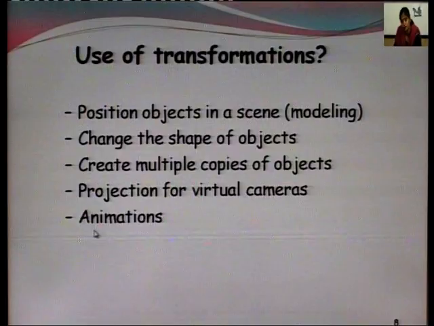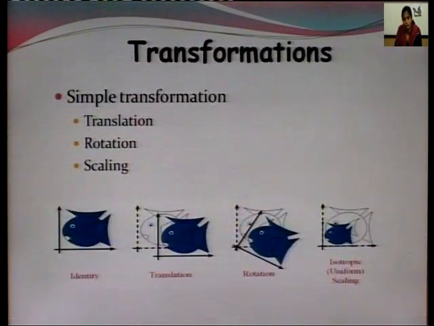What is animation? It is the artificial movement of the object. In animation, an object is repositioned by changing its orientation and position. So, without transformations, we are not able to generate any computer design, computer games or movies. So, they are very, very useful.